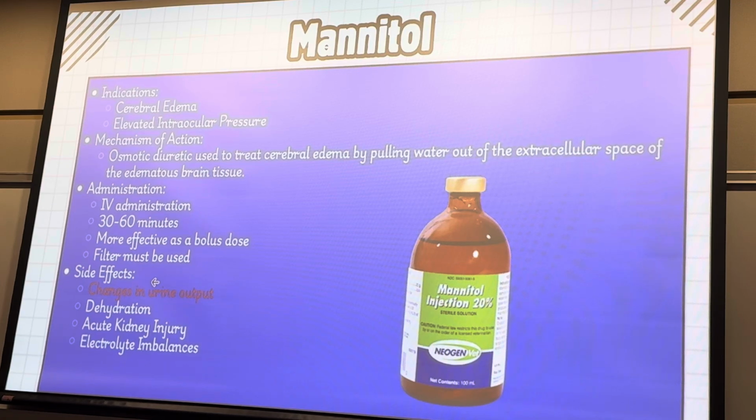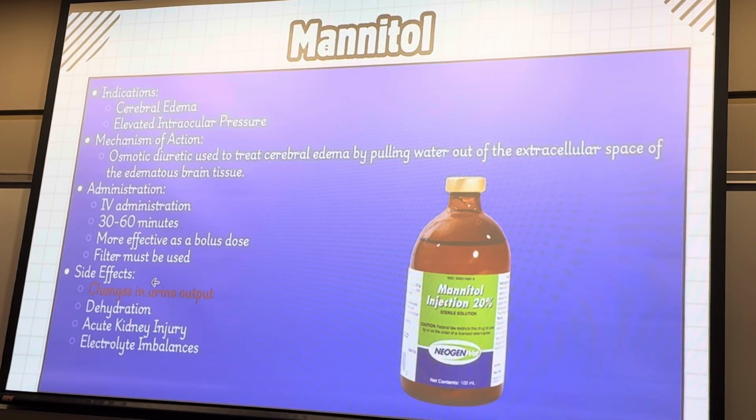More effective as a bolus dose, but you can use it as an IV drip as well. It has to be filtered. It's a very thick, viscous type of drug. It's got a yellowish orange tint to it. The big thing I know that it's working is my change in urine output.